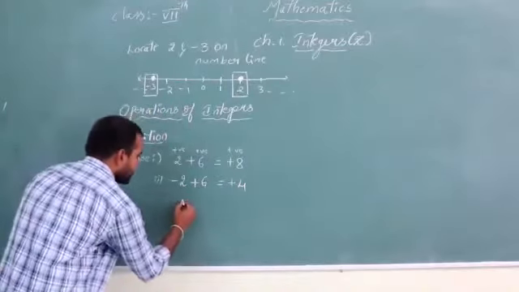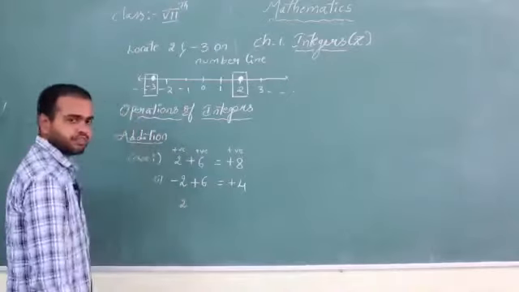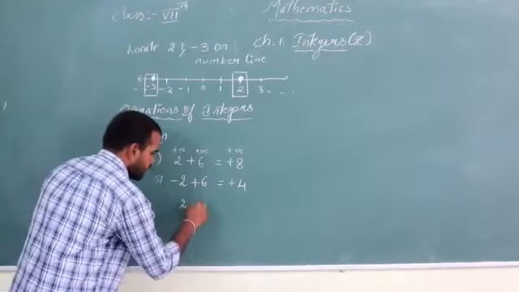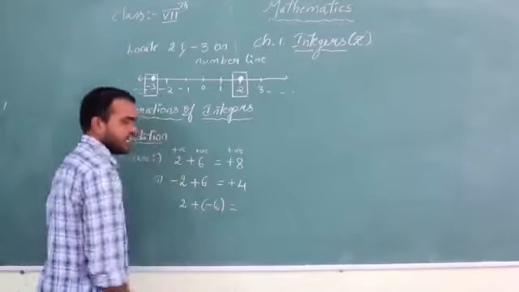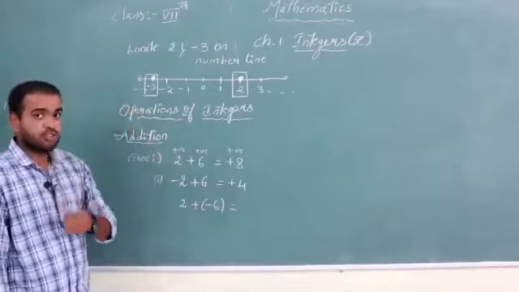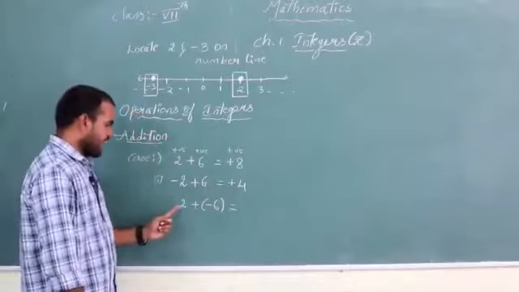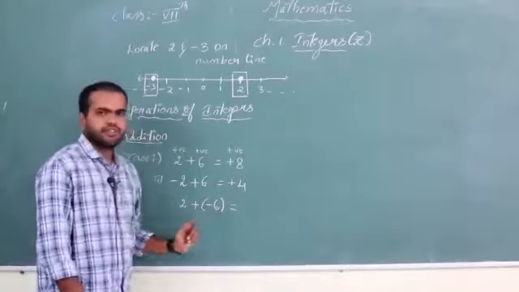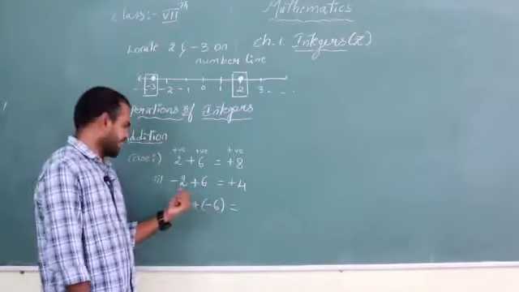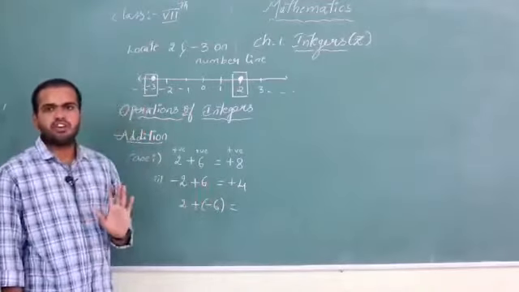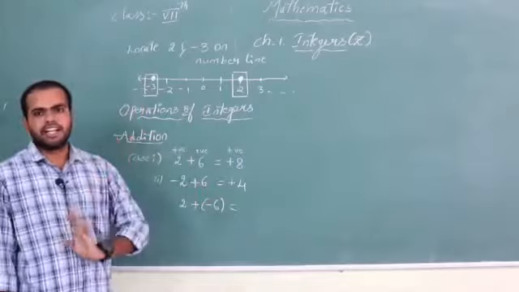Now I am taking plus 2, and I am adding a negative integer now, minus 6. I already said in case 2, if you are adding a positive with a negative, or a negative with a positive, we have to subtract.